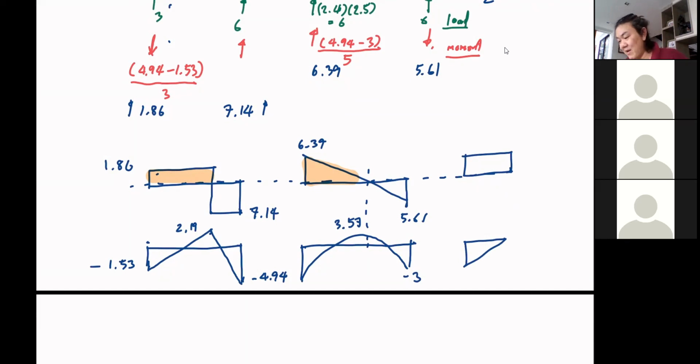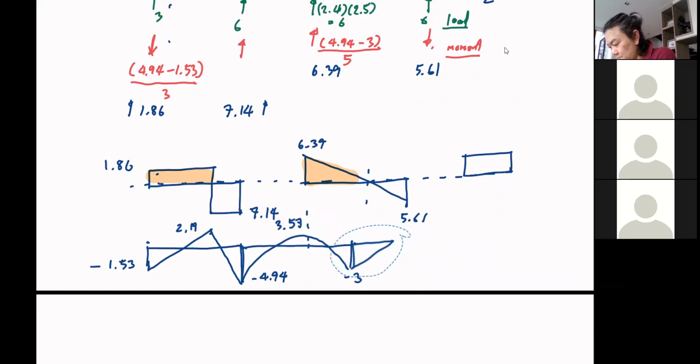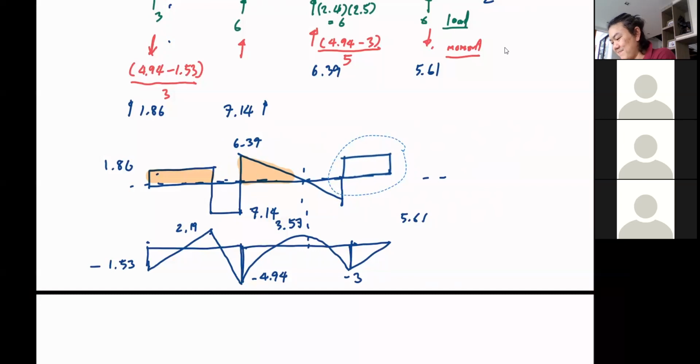When you draw bending moment diagram, what you can actually do is, you don't have to draw them separately. It's a beam. You can move them like that, your bending moment diagram, and your shear force diagram. Oh, missed it a little bit. Like that.